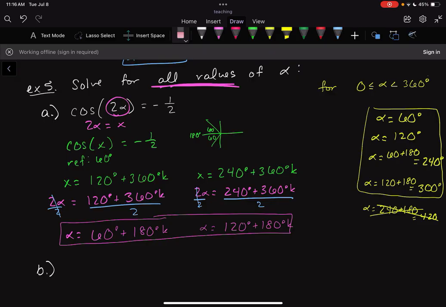So we'll do three. Sorry. Y'all know when I try to make one up, it always takes me a second. Let's do alpha over 2. Let's do minus square root 3 equals 0.